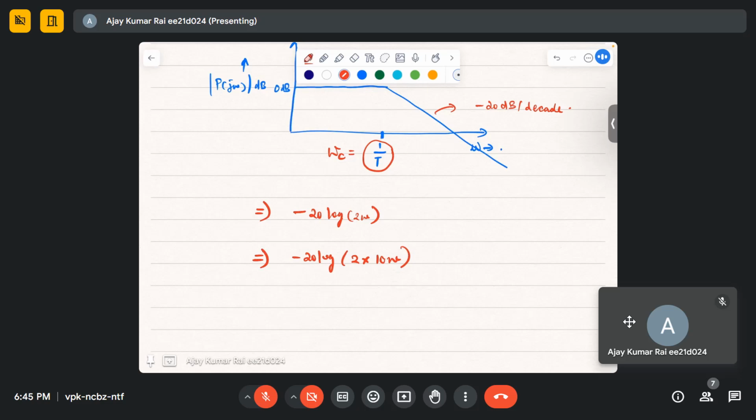You can write in this form: 20 log of 10 minus 20 log of 2 omega. So this is minus 20.